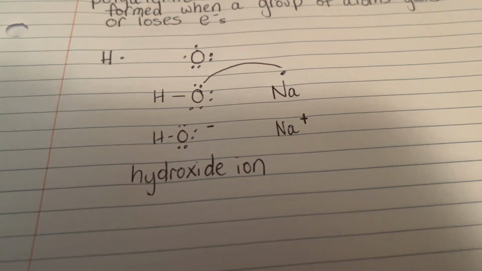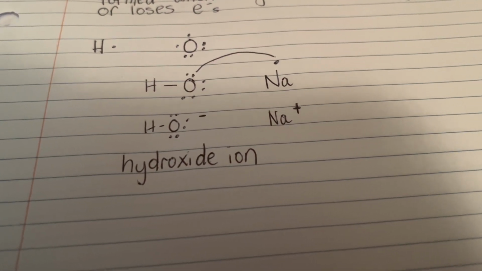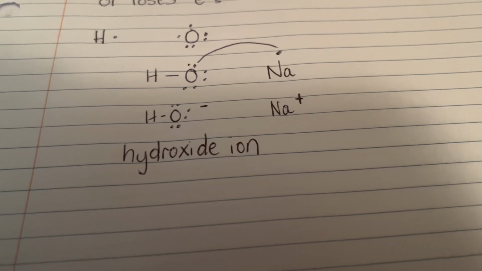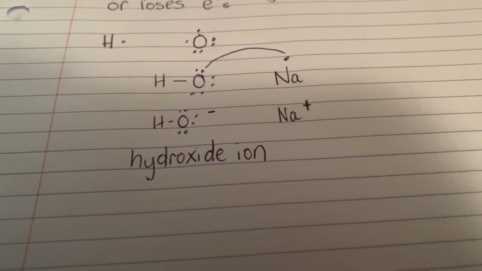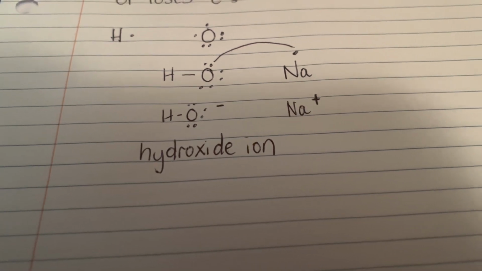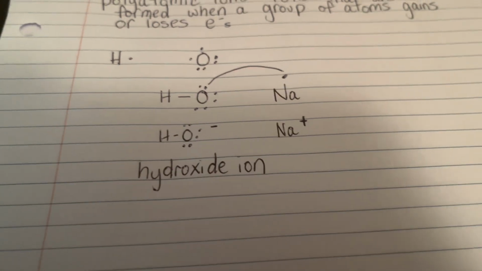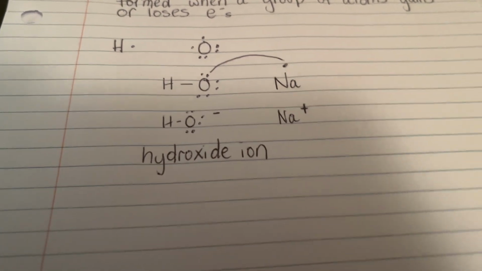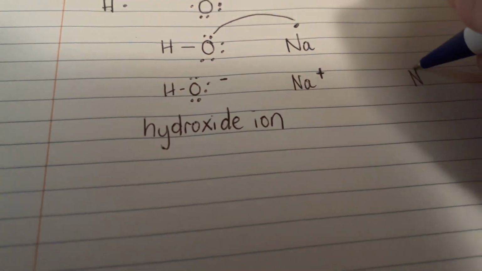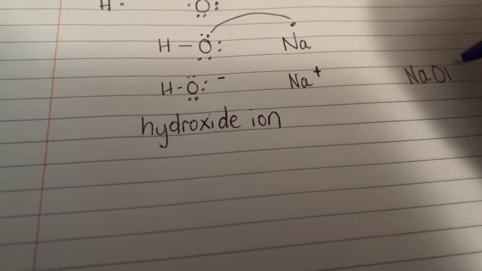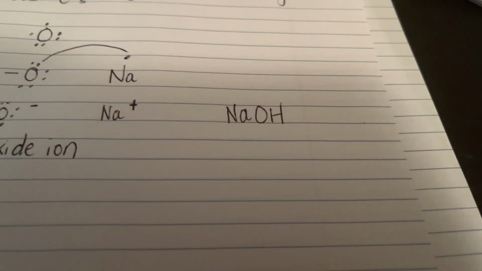And when the hydroxide ion and the sodium ion are together, we get an ionic compound called sodium hydroxide, okay? And how you would write this in its chemical form, you would write sodium hydroxide, okay?